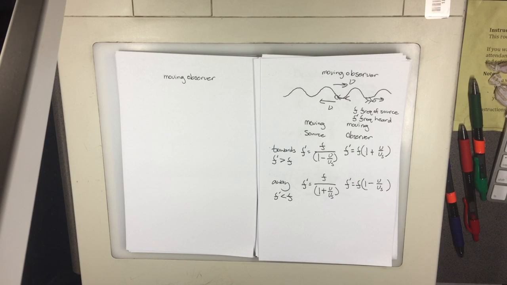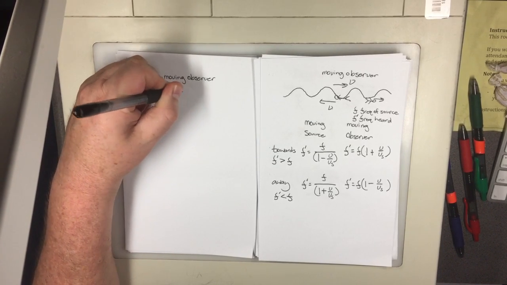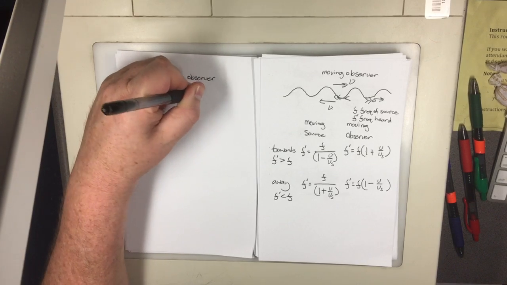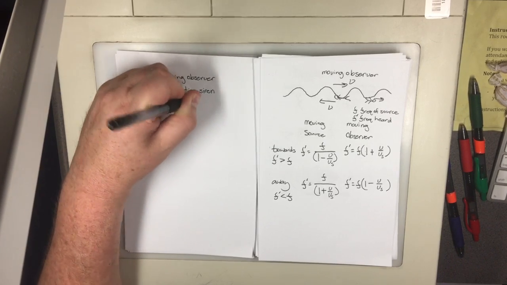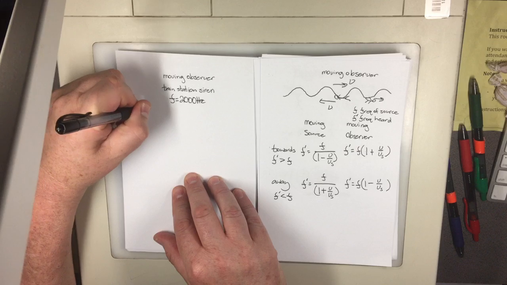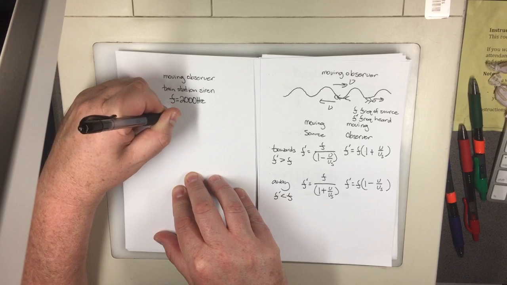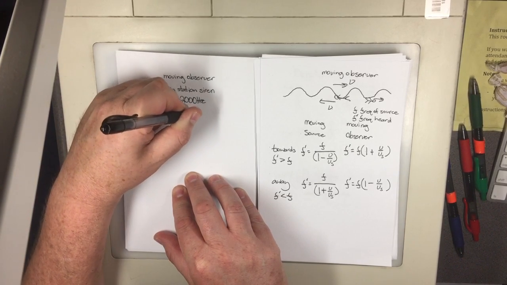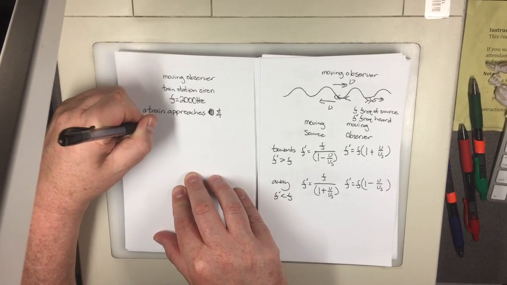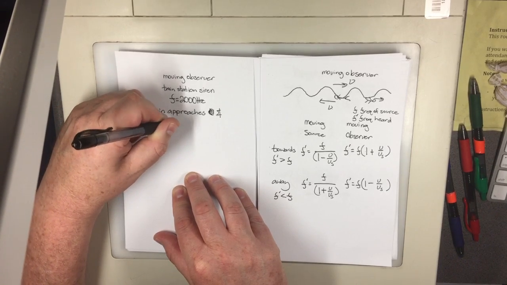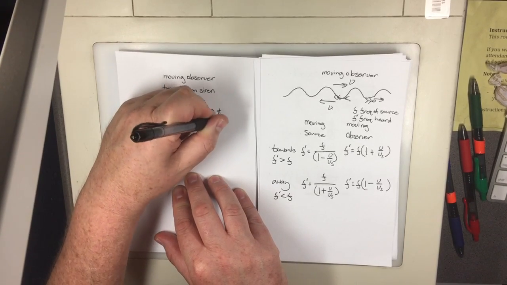We have an example. Train station. Siren has a frequency of 2,000 hertz. A train with you on it approaches and then passes by.